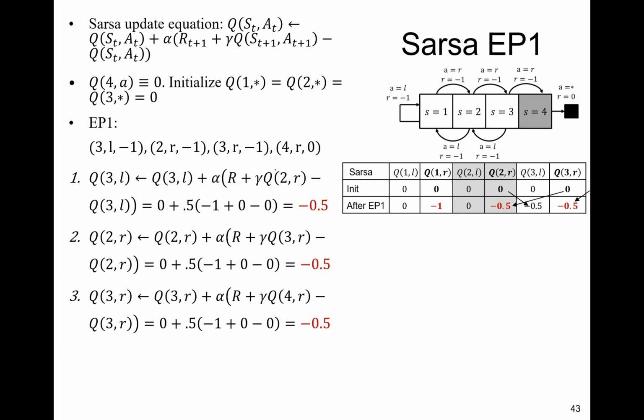Q3 left is bootstrapped from Q2 right, because the action sequence is Q3 left and then Q2 right. And then Q2 right is bootstrapped from Q3 right. So this is the bootstrap sequence.